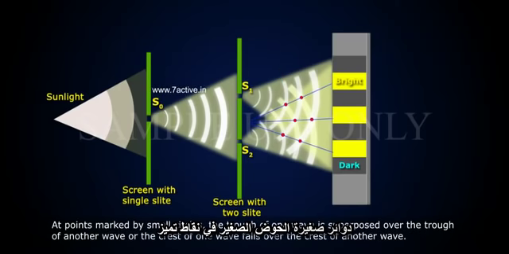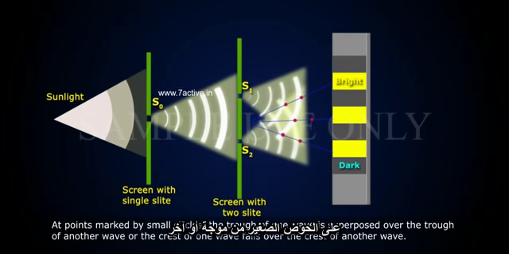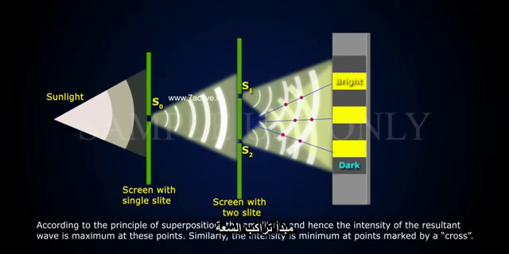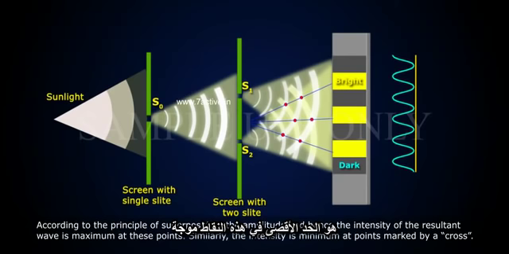At points marked by small circles, the trough of one wave is superposed over the trough of another wave, or the crest of one wave falls over the crest of another wave. According to the principle of superposition, the amplitude and hence the intensity of the resultant wave is maximum at these points.